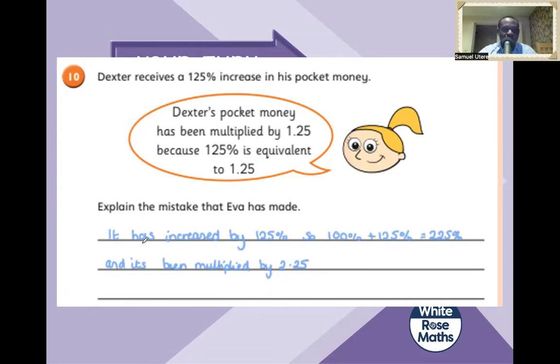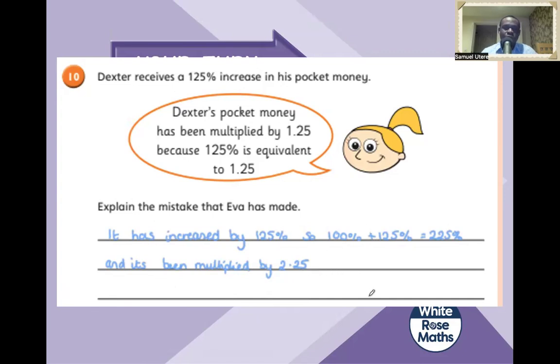So here is the mistake. It has increased by 125%, so 100% plus 125% is what should actually be used. It should be multiplied by 2.25.